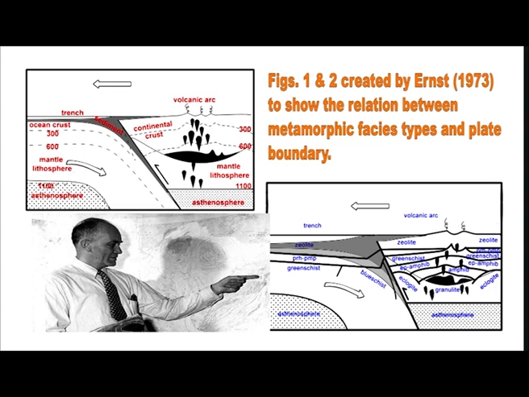With increasing depth at the ridge, one can observe the low pressure facies series, with zeolite facies to greenschist and then amphibolite and granulite low pressure varieties near the magma chambers, because new crust continues being created due to intrusion of magma. The metamorphic facies shown in figure 1 will migrate laterally with time. Hence, it is possible that the entire oceanic crust is metamorphosed to the amphibolite to granulite facies at the base.